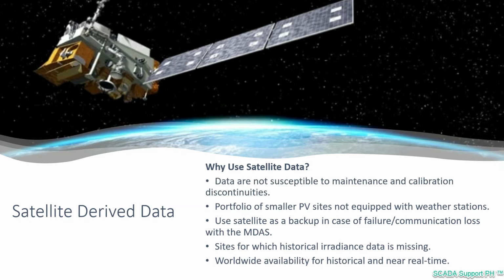Satellite-derived data offers a good wide geographical coverage and can be obtained retrospectively for historical periods during which no ground-based measurements were taken. This is especially useful for assessing hourly or sub-hourly time series or aggregated long-term averages.